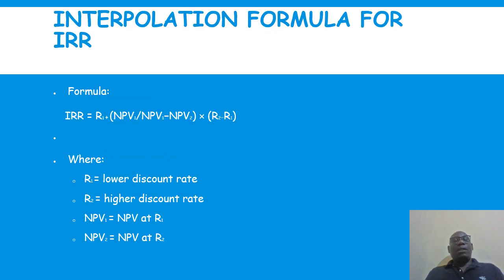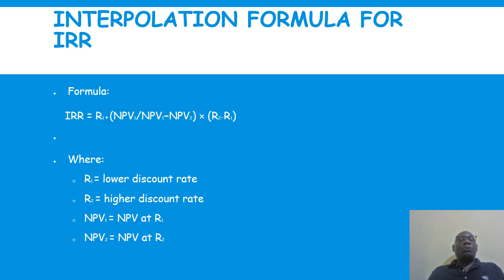Let us now look at the formula which we can use to compute the internal rate of return. The internal rate of return is equal to R1 plus NPV1 divided by NPV1 minus NPV2, multiplied by R2 minus R1.